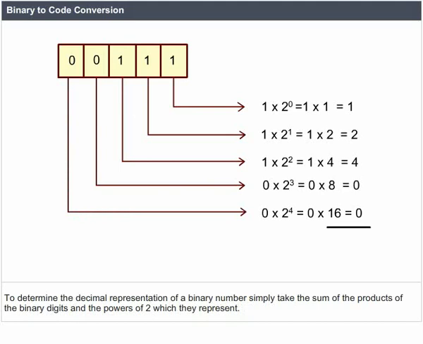To determine the decimal representation of a binary number, simply take the sum of the products of the binary digits and the powers of 2 which they represent.